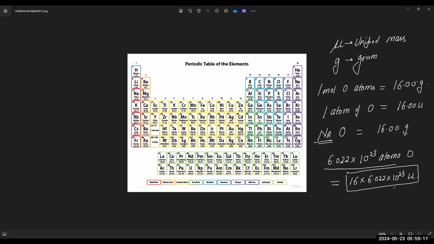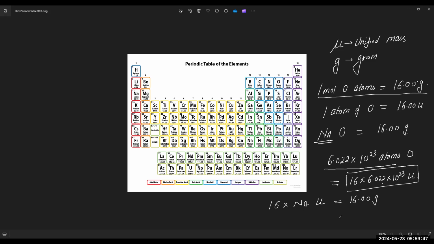We are just doing mathematics. If you have any difficulty, you can ask a question. So, can I say 16 times Avogadro's number U, which is the mass of 1 mole of atoms in U, is equal to 16.00 grams?